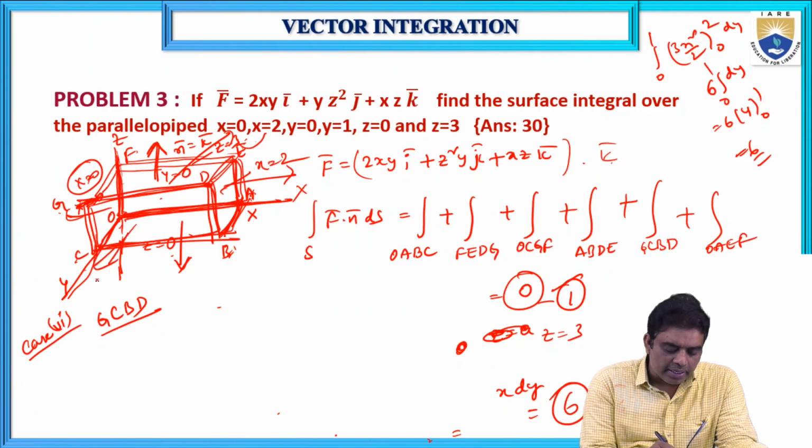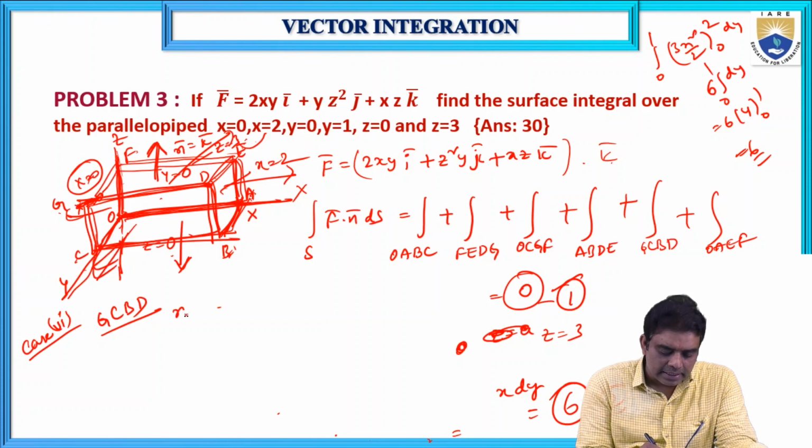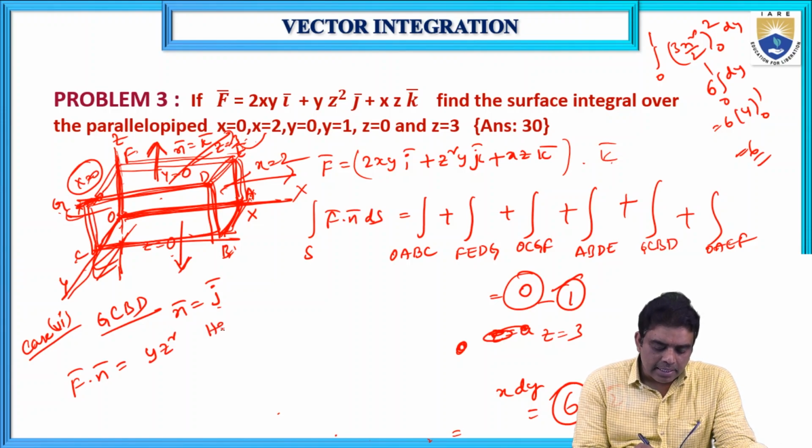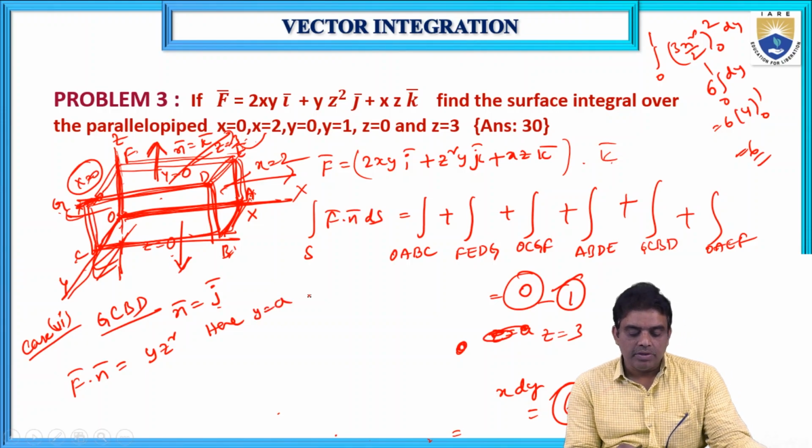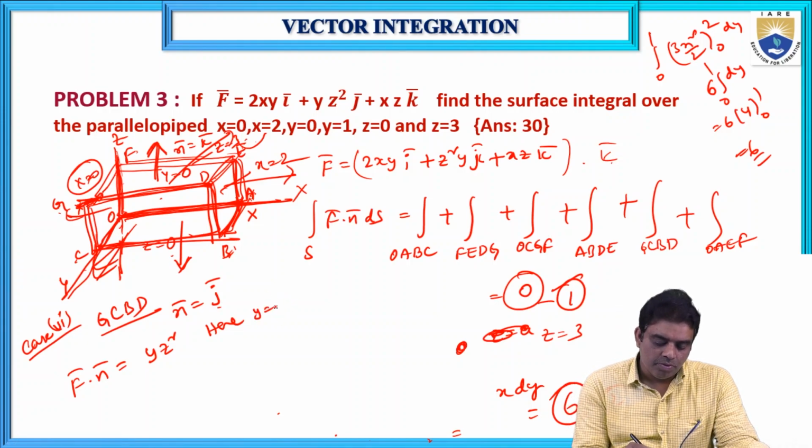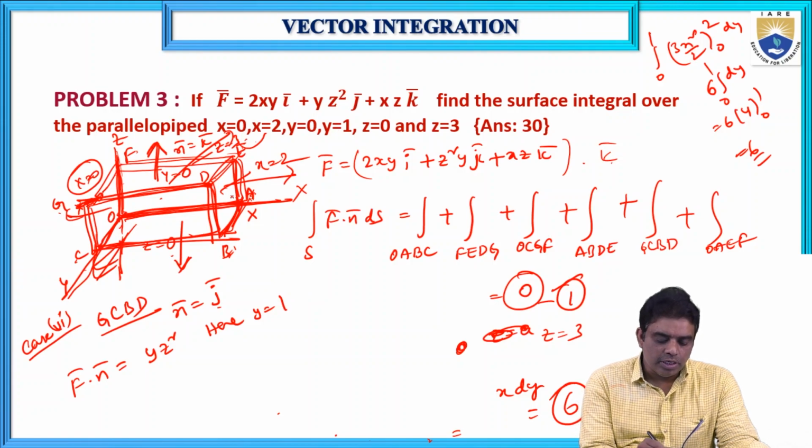The outward normal vector is in the direction of the positive axis, so n bar is equal to j bar, and f bar dot n bar is equal to yz square. The equation of this plane, parallel to the xz plane, is y equal to 1. Y equal to 0 is the backside plane.